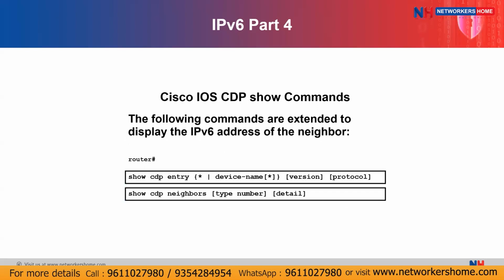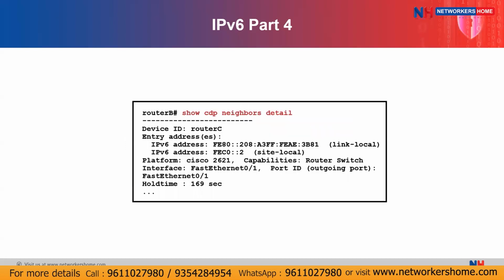So show cdp entry we can use, and show cdp neighbor detail. The CDP entry shows the device name, version, protocol, all this information. In show cdp neighbor detail you can find the device ID, router, entry addresses, IPv6 addresses, platform, capability, router, switch, interface, FastEthernet, port ID, outgoing port, all the information as we get in IP version 4.